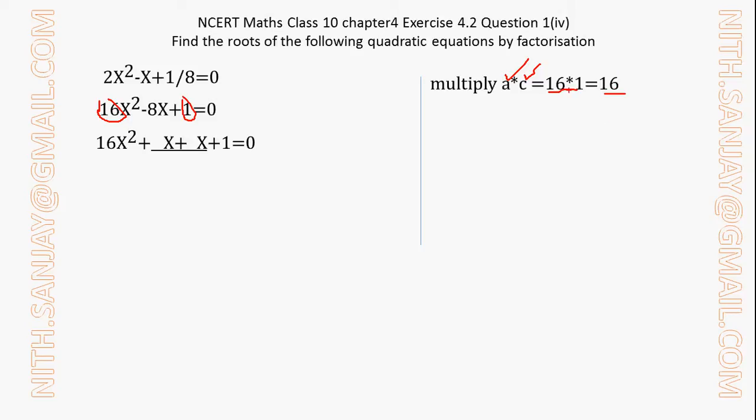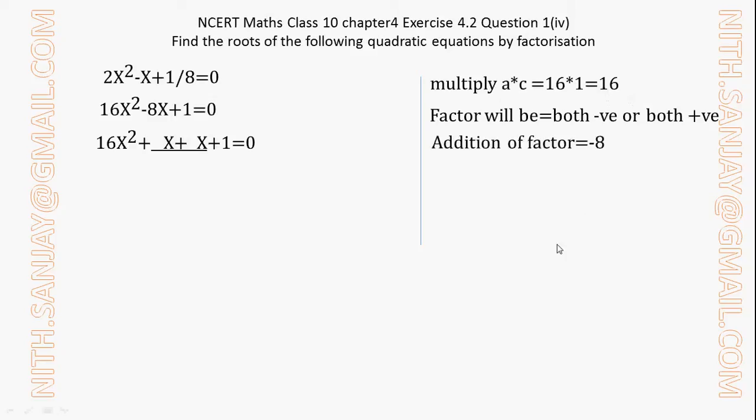Because this multiplication is positive, we can very easily say that the factors which we have to fill here will either both be negative or both be positive. Next, the next condition is the addition of those two factors has to be equal to the coefficient of x, which is b. So the addition of those factors has to be equal to minus 8.